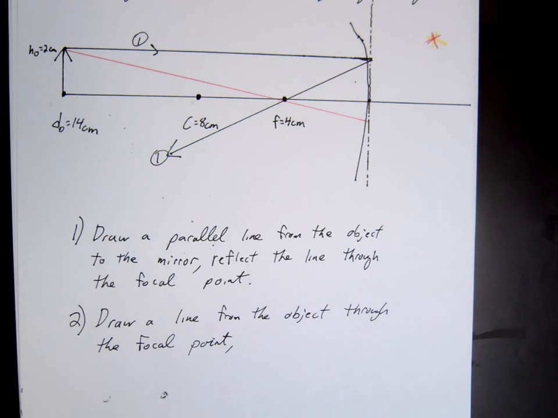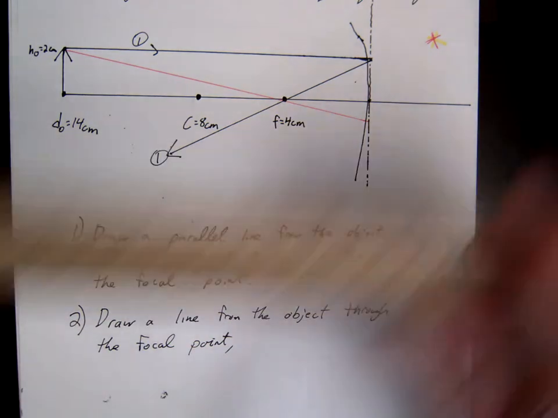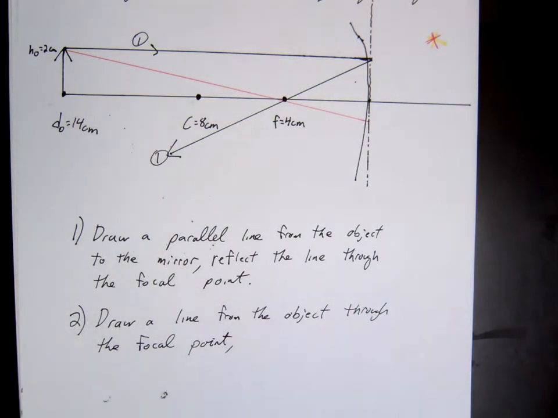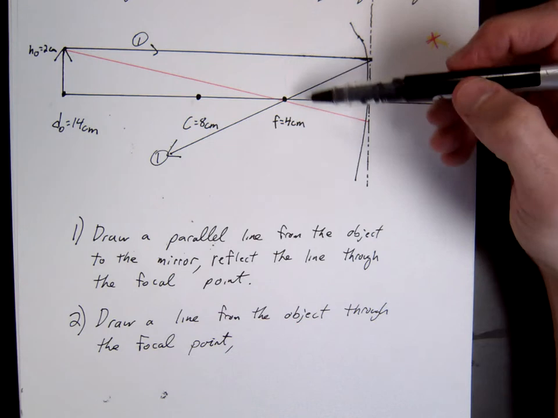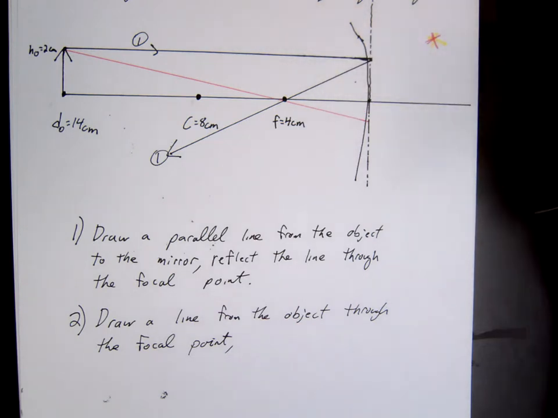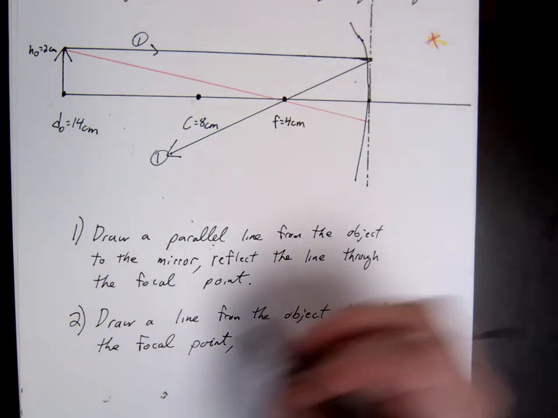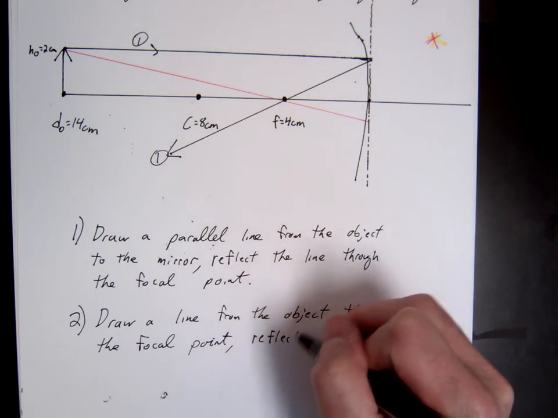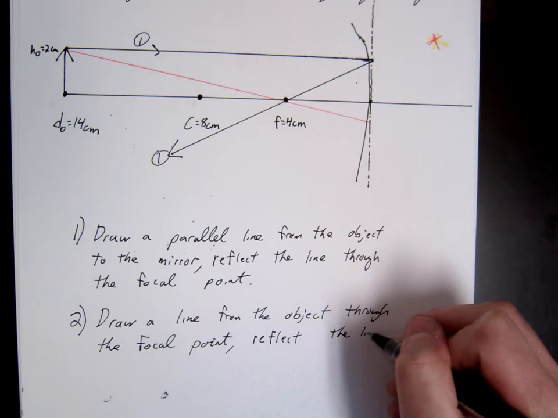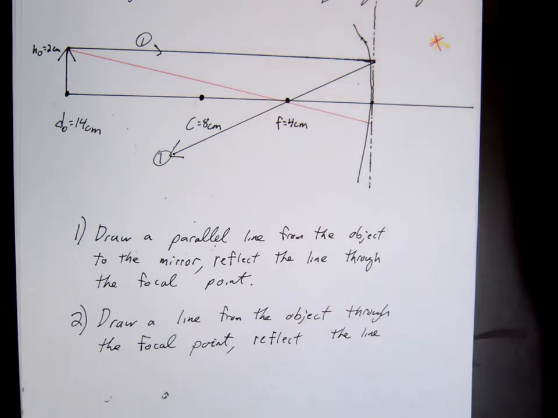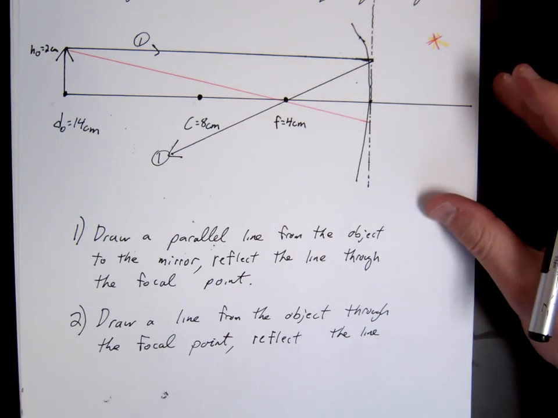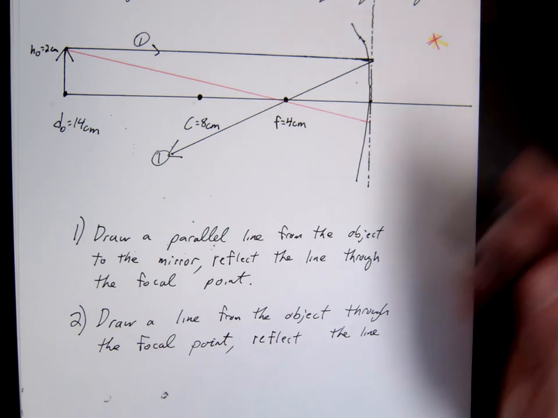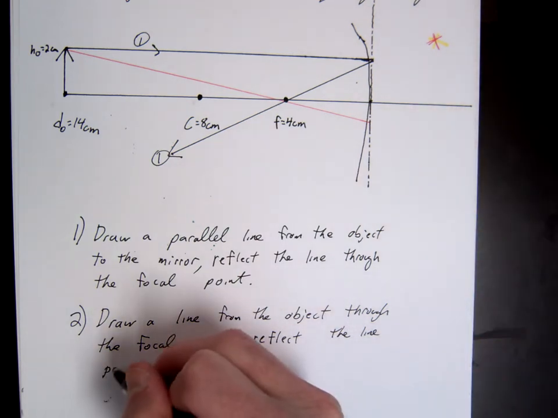Now I can already tell I'm off a little bit, but it's okay. If you do it in pencil, you can always erase and fix it. So anyway, this is going to reflect. You guys can probably tell me, how is this going to reflect? We're doing the opposite of what we did before. So we're going to reflect the line parallel.